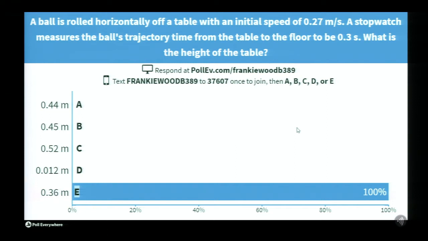And my choices are 0.44, 0.45, 0.52, 0.012, 0.36. And this should look really much like the lab that you guys have done in the past week.